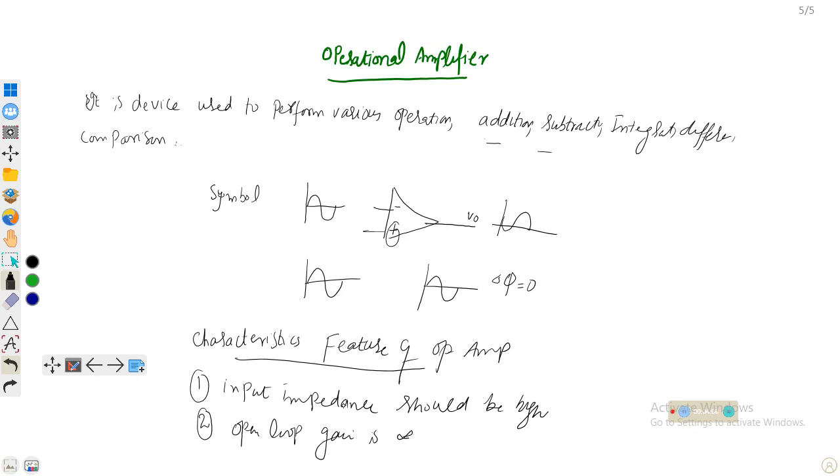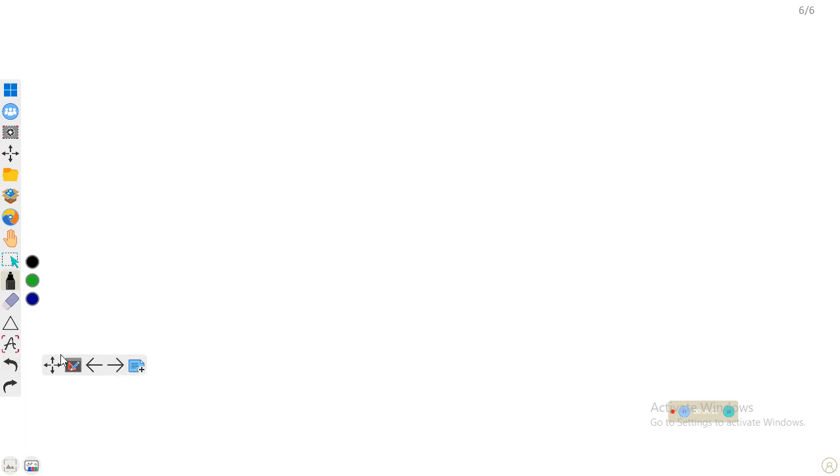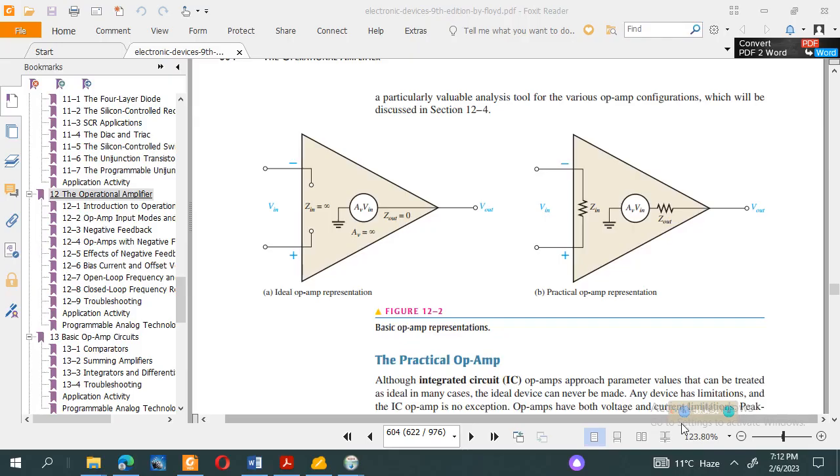What do we mean by input impedance and by open loop gain? What are these terms? Let me explain what these terms represent.